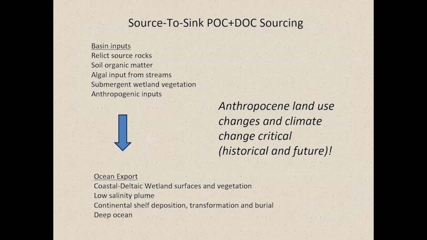I think we all sort of agree that's common. So the summary of this is that changes in the Anthropocene in land use, engineering, and climate change have been critical both historically and seem to be critical in the modeling in the future for how big that arrow is going from catchment, source to sink, whatever you want to call it.